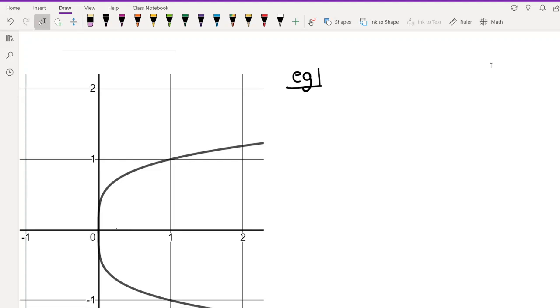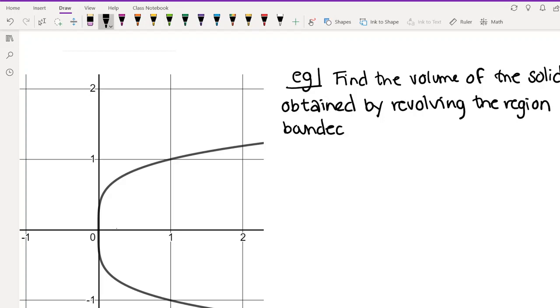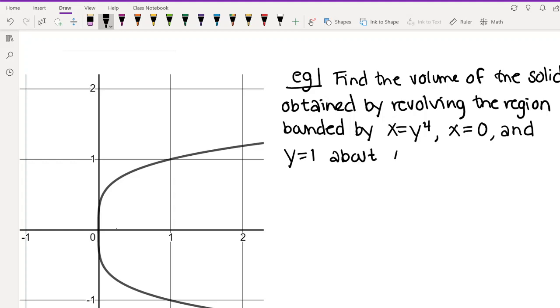So we're going to be finding the volume of the solid obtained by revolving the region bounded by x is equal to y to the fourth, x is equal to 0, and y is equal to 1. And we're going to be revolving about the line y is equal to 1.